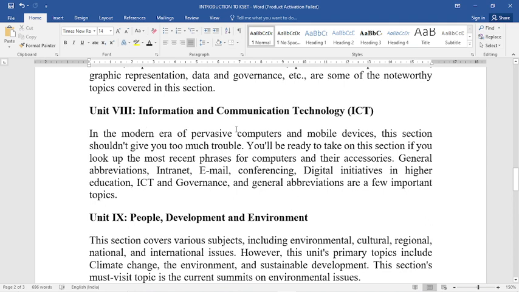This one is also a very easy one, because if you know the technology, computers, devices, gadgets very well, email and internet, web servers, websites, and how they work, then this is the easiest one for those candidates.